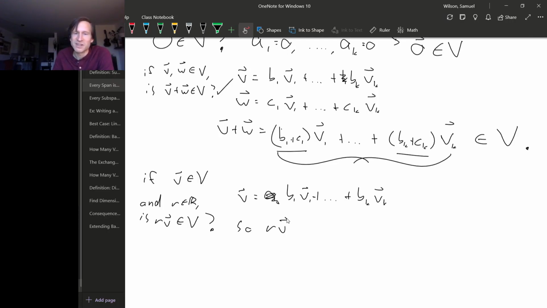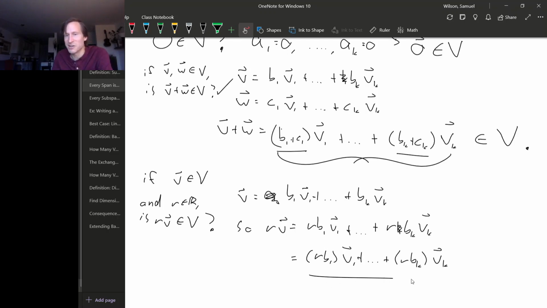So r times little v is r b1 v1 plus so on up to r bk vk. Here I've just distributed the r to each term. But that's r b1 times the vector v1 plus and so on up to r bk times the vector vk.